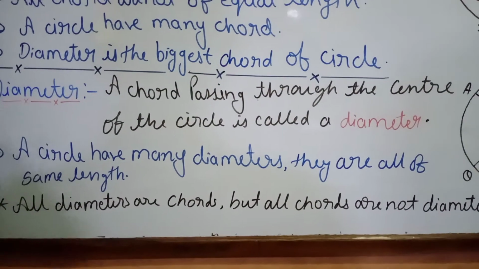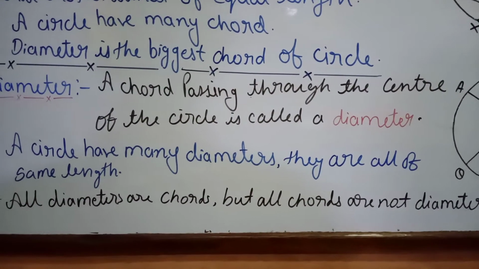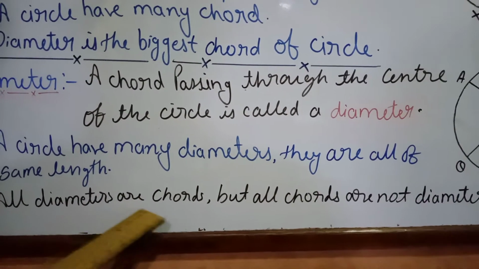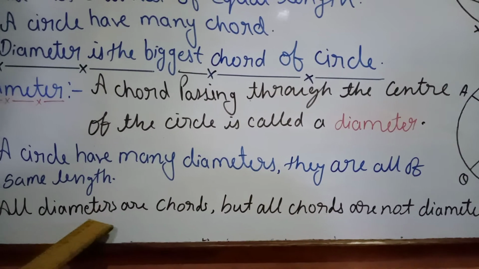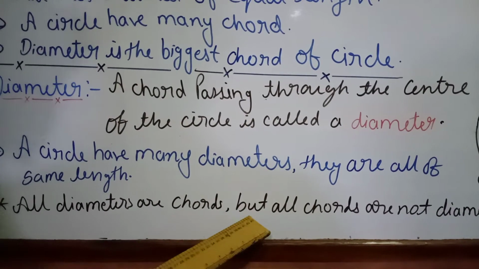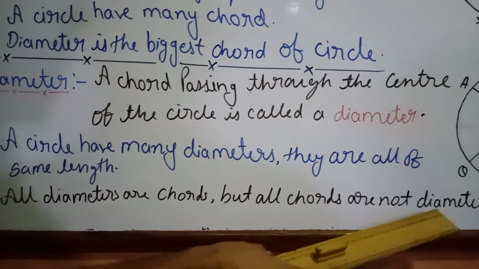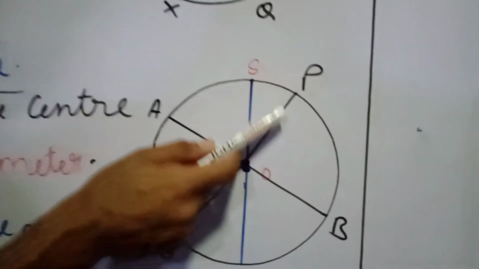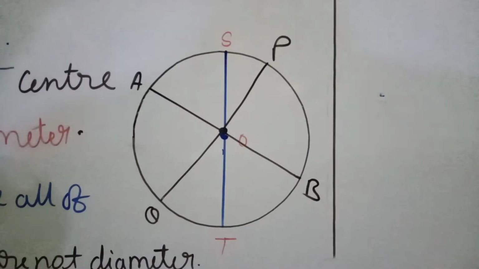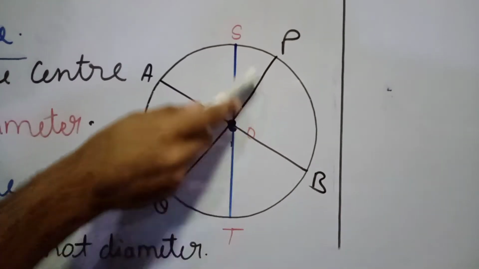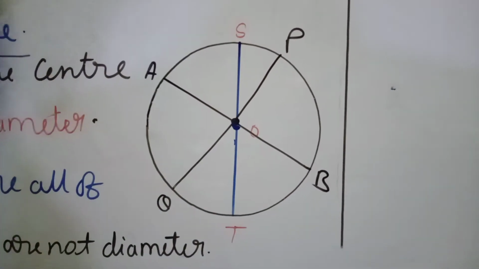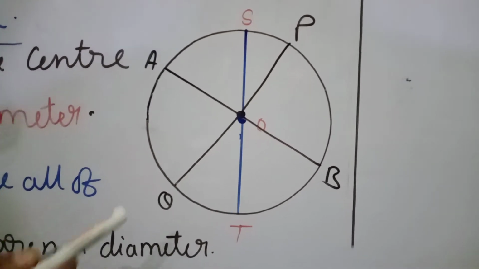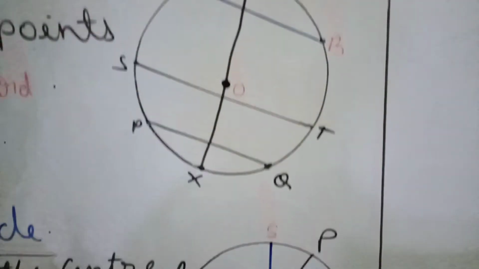Now here we have one very important point: all diameters are chords, but all chords are not diameters. All three of these are diameters, definitely, and these are all chords. However many diameters I draw, they will all be chords, but each and every chord need not be a diameter.